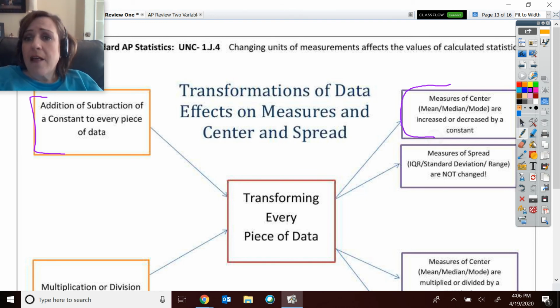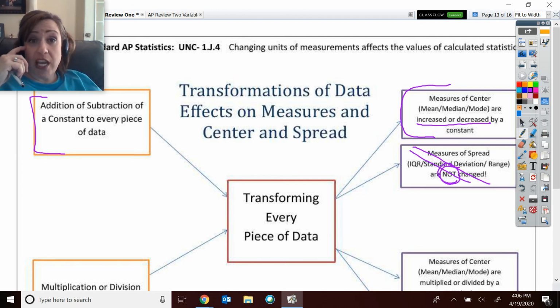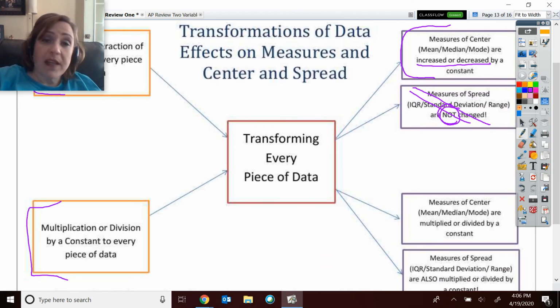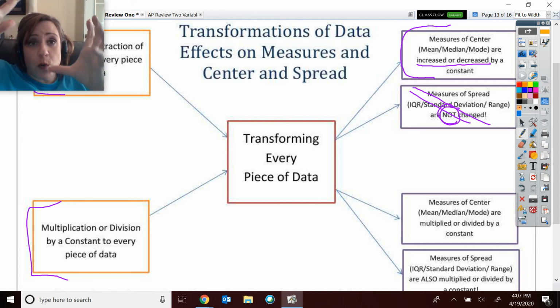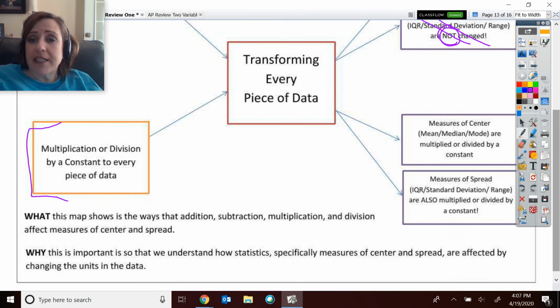That is increased or decreased, but the measure of spread is not changed, because adding and subtracting does not change the spread. However, multiplication is that stretching: multiplying or dividing, dilating it or shrinking it back down, will affect center and spread both.